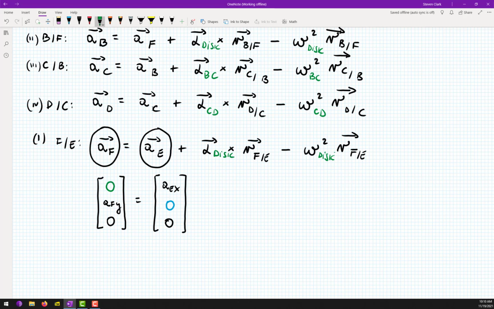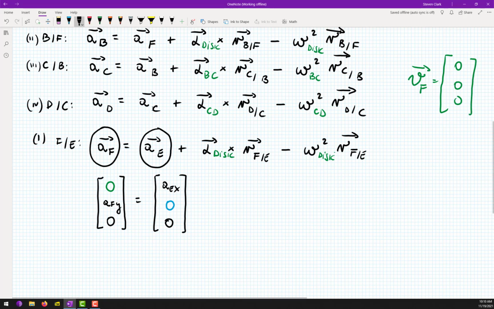For velocity, if I ask you for the velocity of point F, you will be right: it is 0, 0, 0. But for acceleration, with the no slip condition, only the X component is 0. This is a very common mistake by students. The other one does not have to be 0. Keep that in mind. Great.